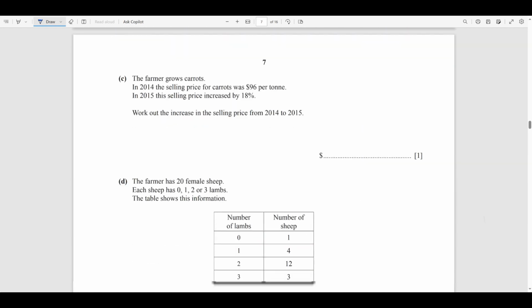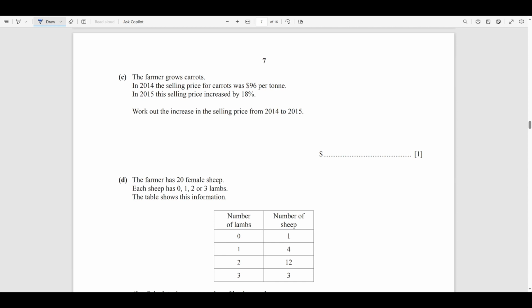Part C, the farmer grows carrots in 2014. The selling price was, okay, so again, 2014, this is the rate. So in 2014, the amount was 96 per ton, and in 2015, the amount is increased by 18%, right?